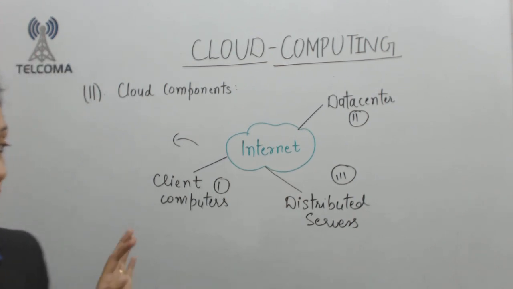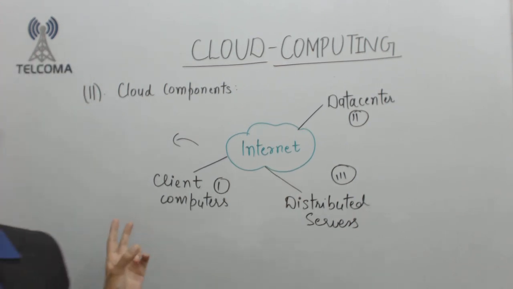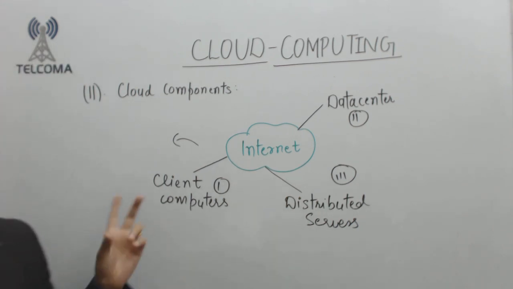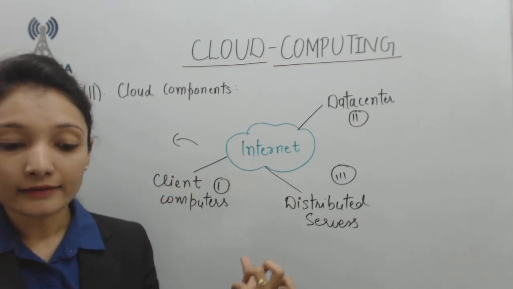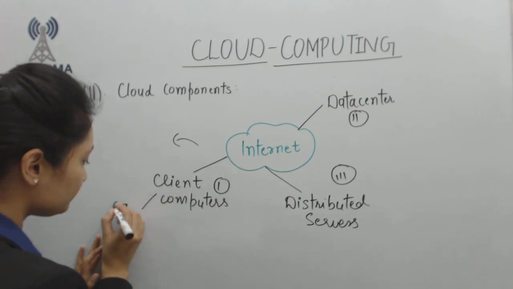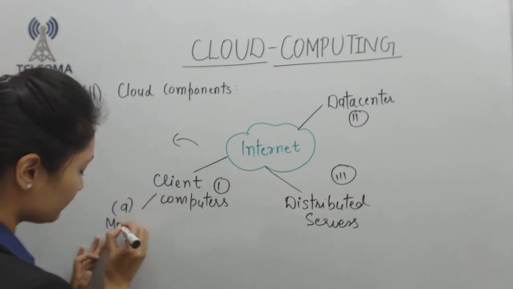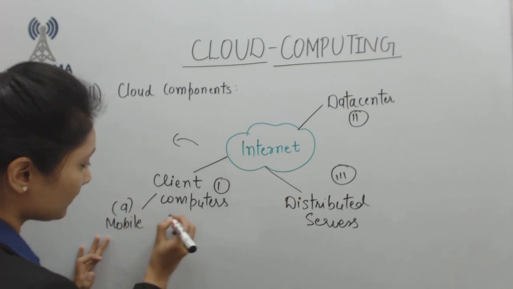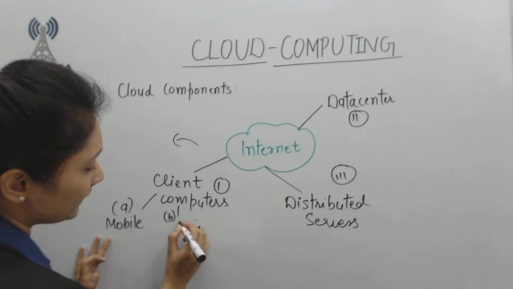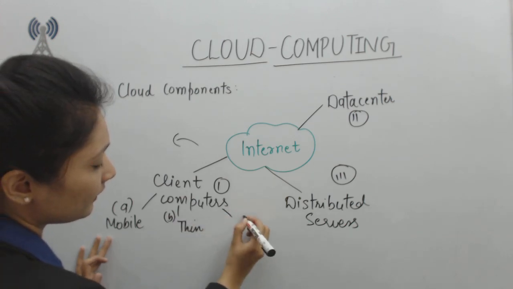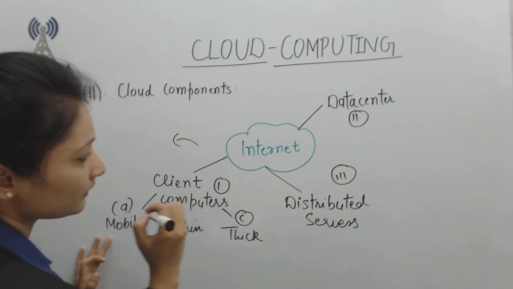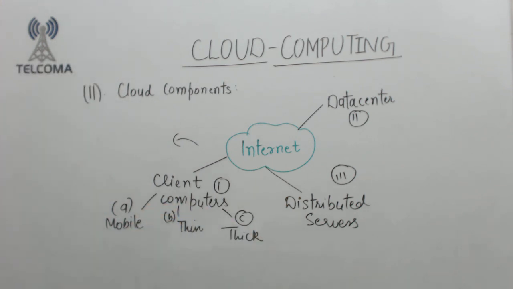Now these clients also have three categories. These three categories are mobile client, thin client and thick client.